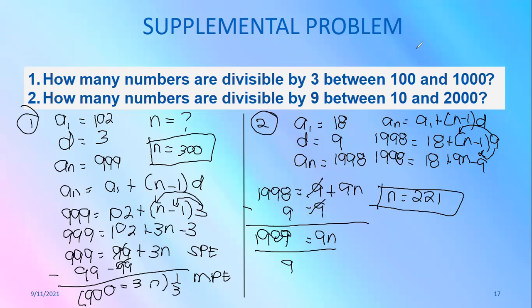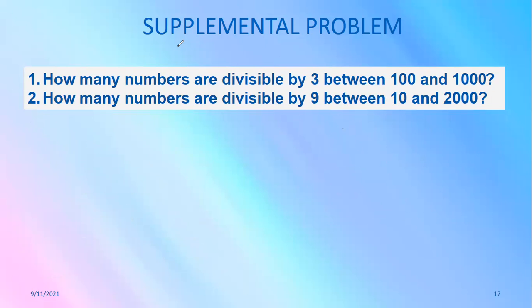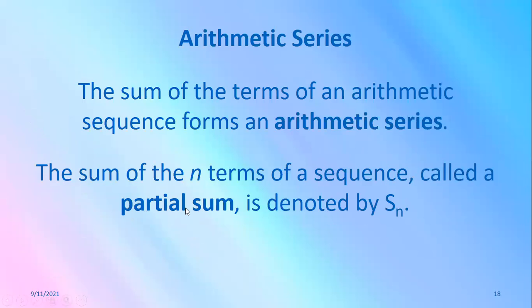Okay, so let's proceed. Ngayon, tapos na tayo sa arithmetic sequence. Now, let's proceed with arithmetic series. Di ba? So kung napag-aralan niyo yung series, difference lang between series and sequence, ang series is the sum lang ng sequence.